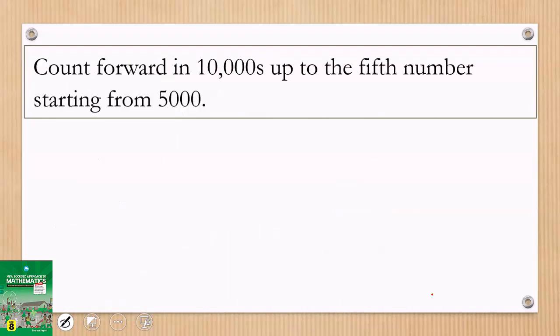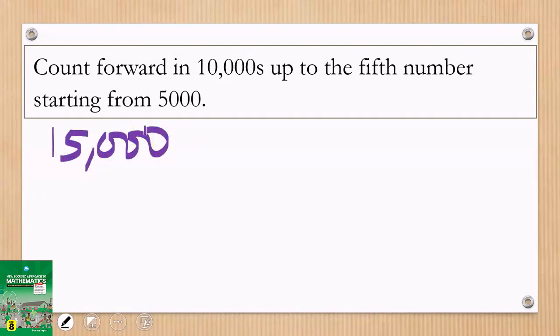Now, let's take an example like this. Count forward in 10,000s up to the fifth number, starting from 5,000. If you are adding 10,000 to 5,000, then you should anticipate your first number to be 15,000, right?